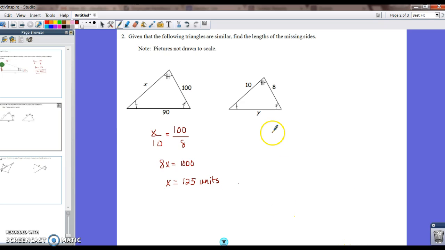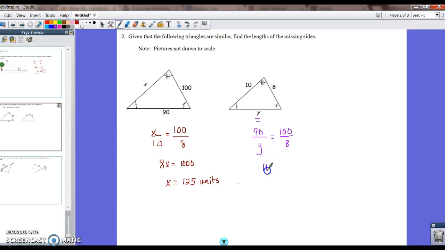Okay, and now let's go ahead and look at y. I'll change color here. So now we're going to be solving for y. Again, we're going to set up a proportion. So my side that corresponds to y is that 90. So I'm going to have 90 over y. And again, I'm going to use the 100 and the 8 because I know both of those in my two triangles.